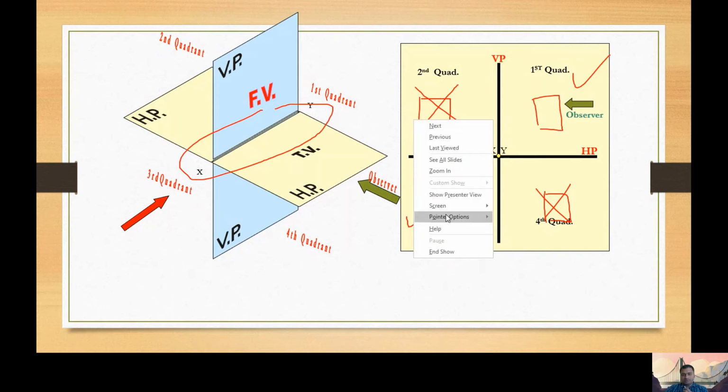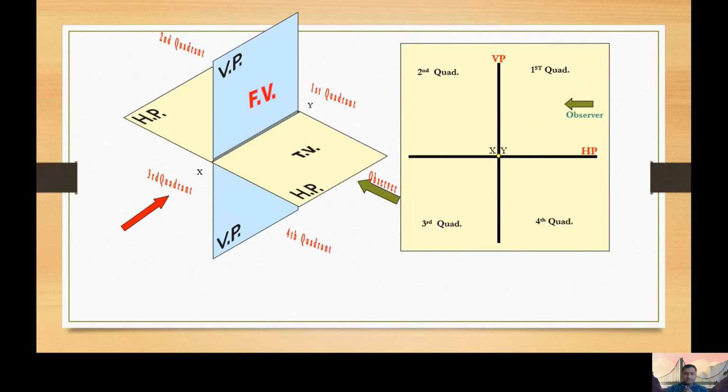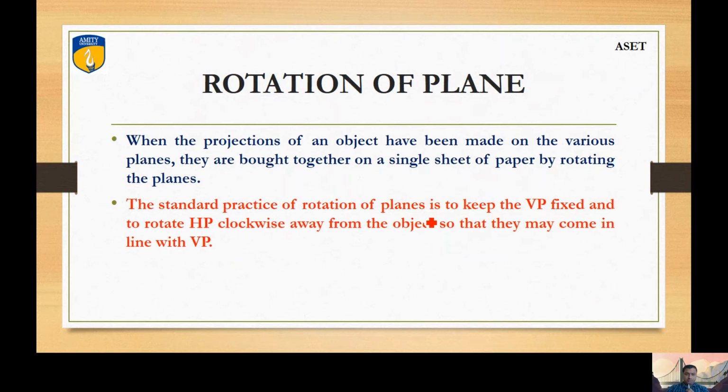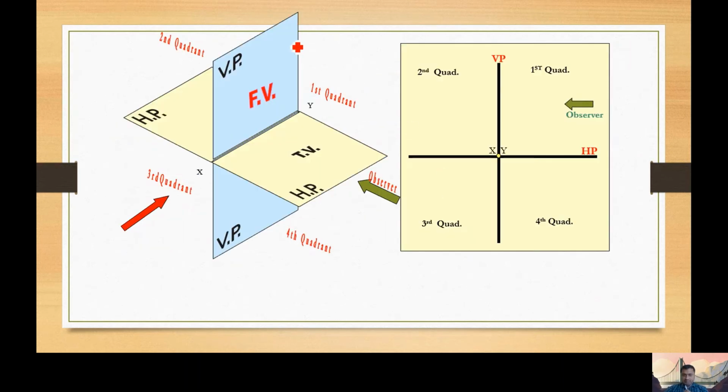Now one more thing that is very important here is rotation of plane. As you can see here, this is the plane, this is my VP. If I talk about the first angle, this is my VP and this is my HP, the horizontal plane, and they are at 90 degrees with the reference XY.